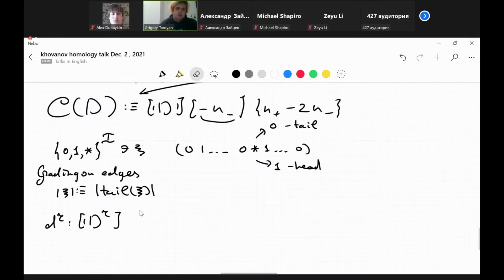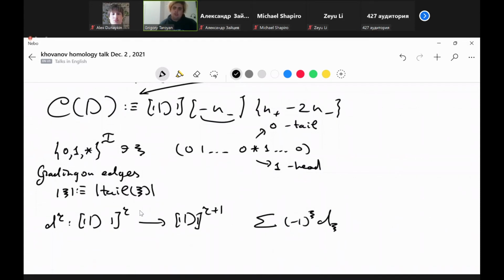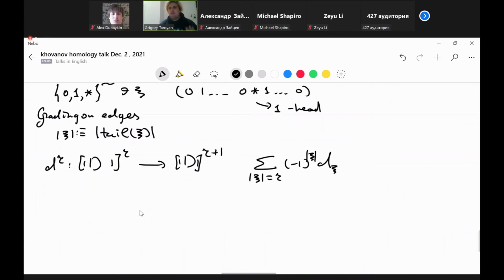Sorry, I tried to sneak into the bracket. And it is defined like this. We just take the sign here, and we take the sum over all edges which start at vertices of height r. So that's the definition of the differential, modulo the fact that I didn't define d psi yet. But I will do it in just a moment.